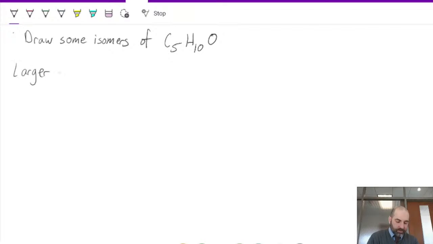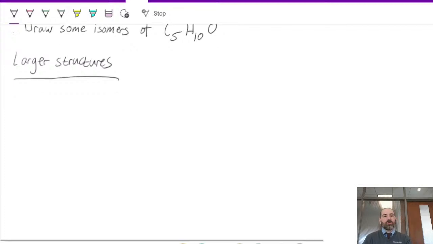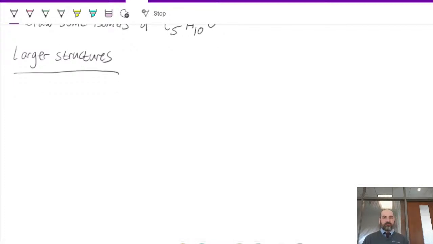So when we move to larger structures, we can't be drawing what we just did. We can't be using these Lewis structures all the time because they get too big. So let's draw one big molecule, and then we'll talk about some ways that we can abbreviate that. So this one's going to have some carbon and some hydrogen.